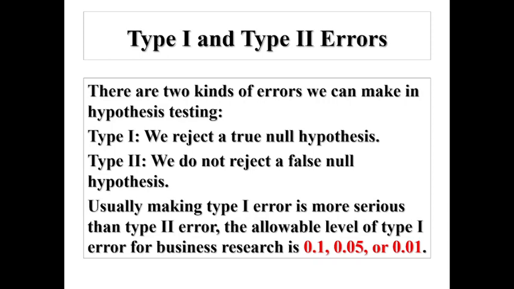This test statistic has a T distribution with degrees of freedom, and the degrees of freedom is equal to the sample size minus K, where K includes the intercept.